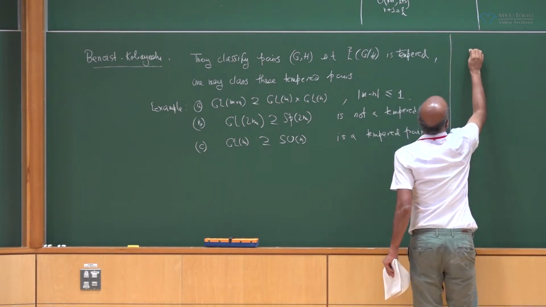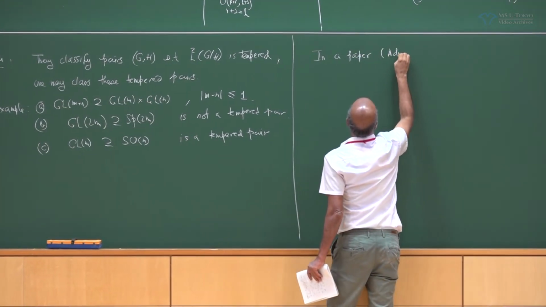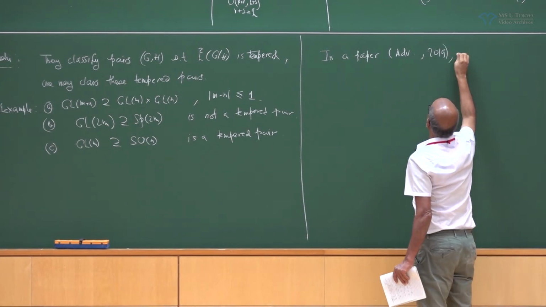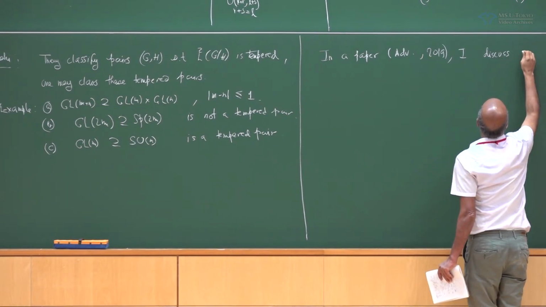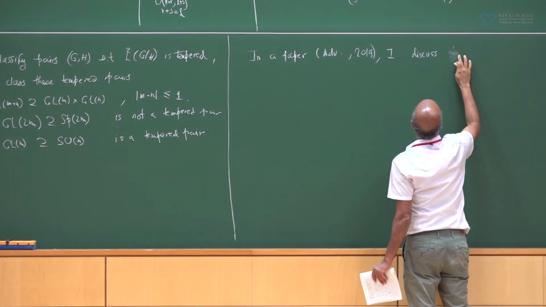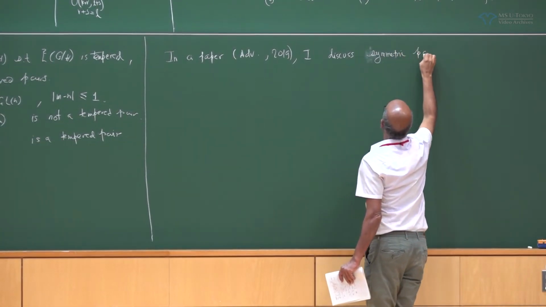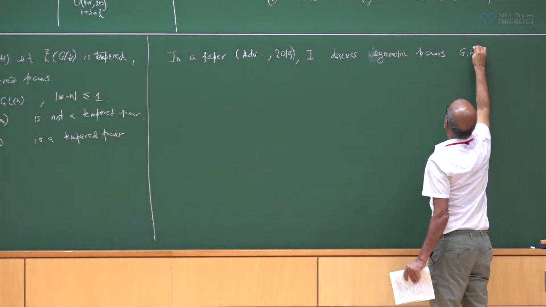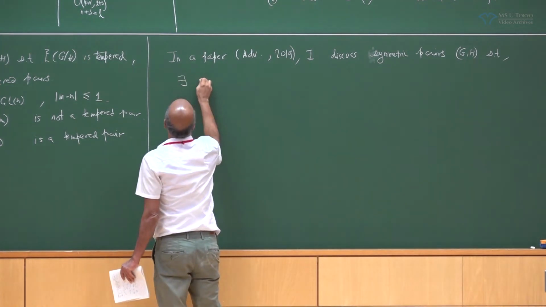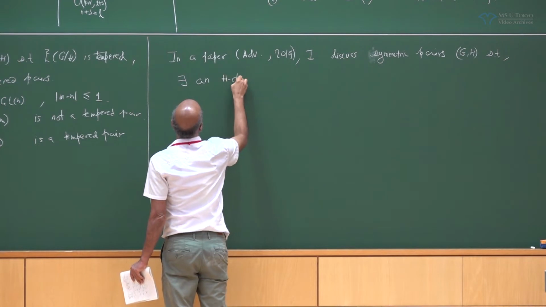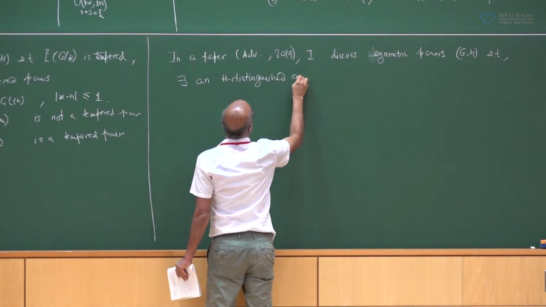So in a paper, Advanced Edge 2019, I discuss pairs, symmetric pairs, G comma H such that there exists an H distinguished generic representation.